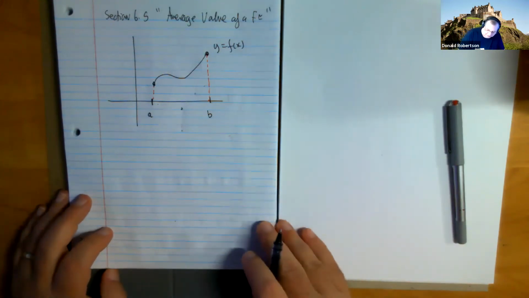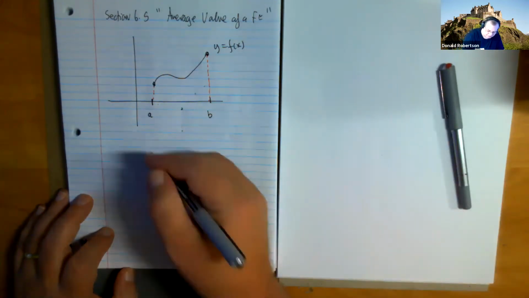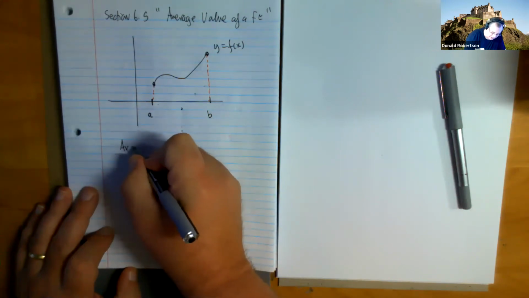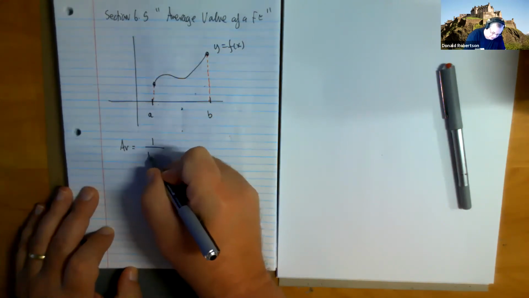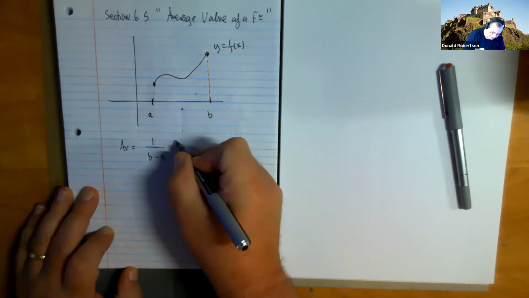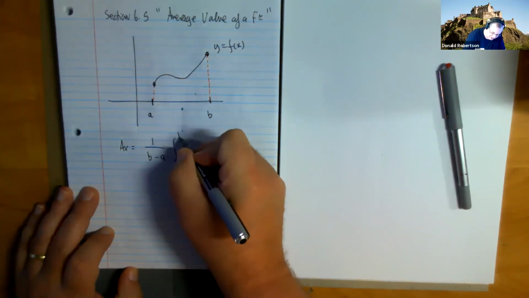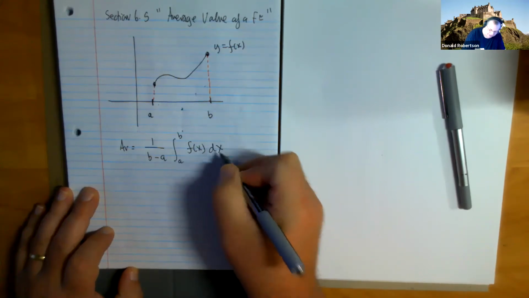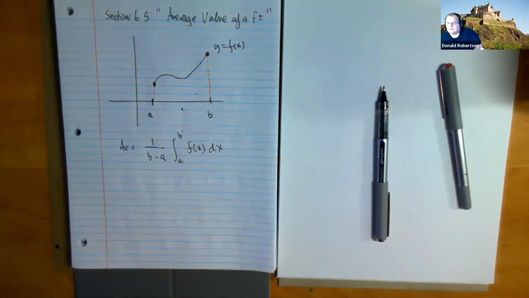And the formula for it is very simple. The average value of a function is 1 over b minus a, the integral from a to b of f of x dx. So we don't have any radii and height to calculate.